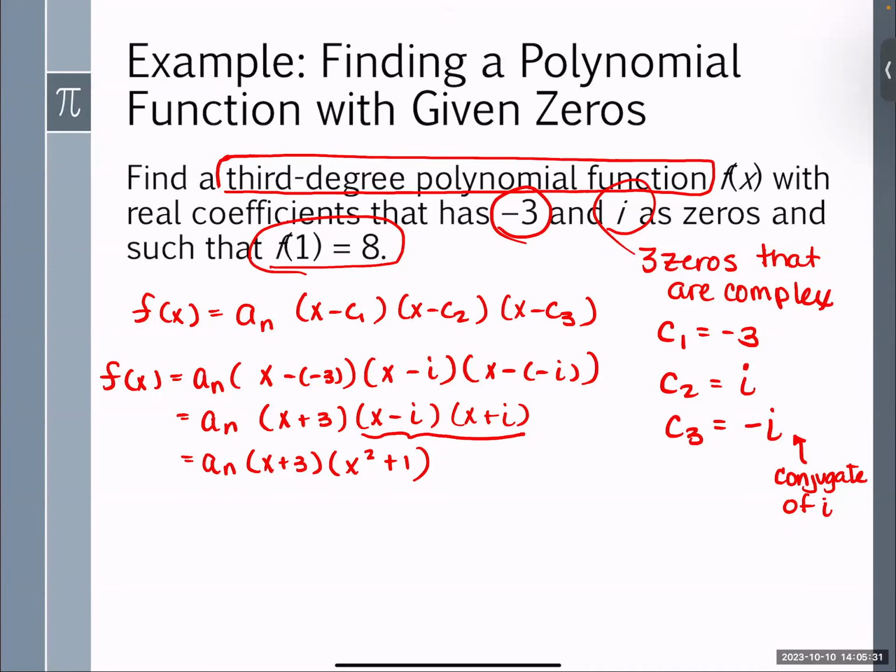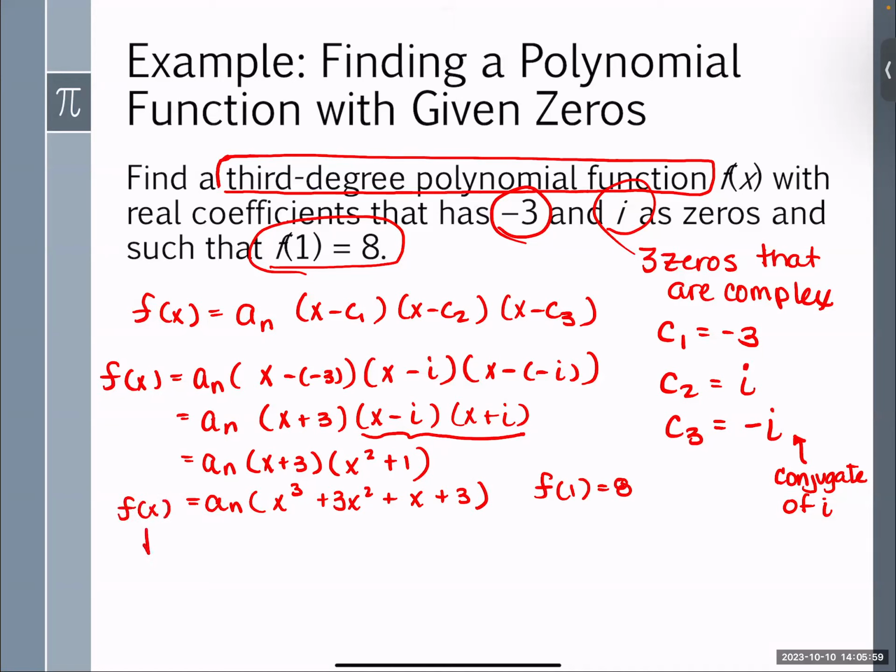Then I'm going to go ahead and FOIL the x plus 3 times x squared plus 1. That's going to be x to the third plus 3x squared plus x plus 3. And so now I can determine what a sub n is by knowing f of 1 equals 8.